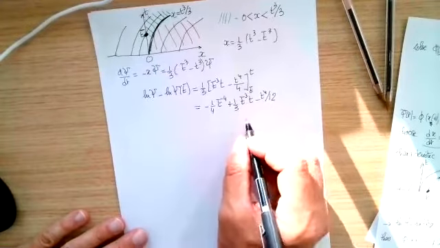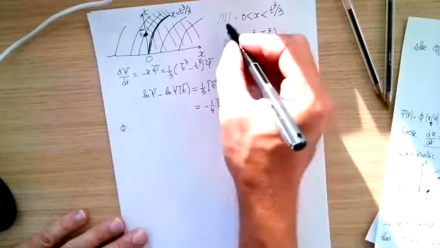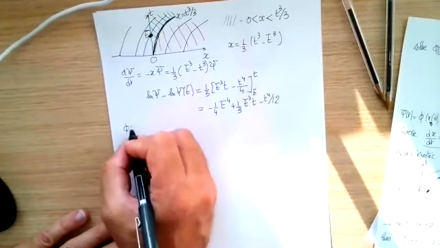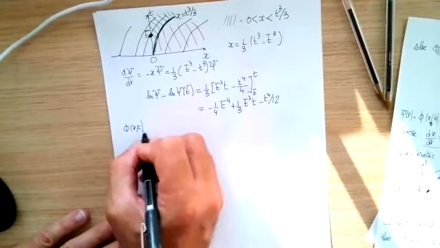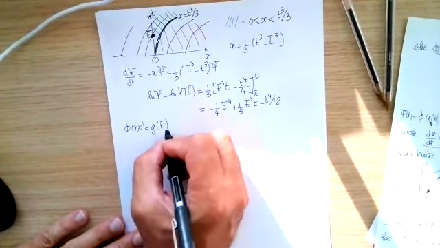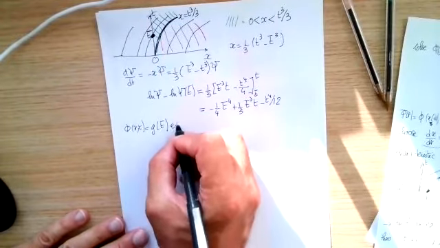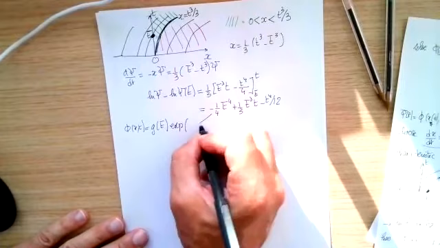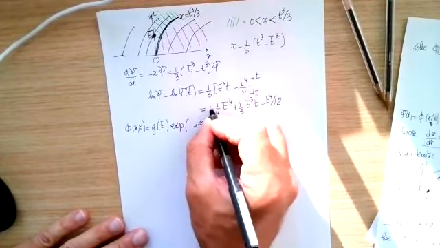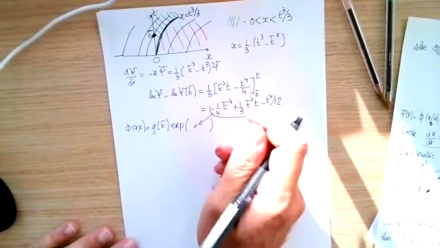So it means that one has the solution in this region, only in this region there, psi of x, t is equal to g of t bar, which is the initial condition here, exponential of this guy. Okay.